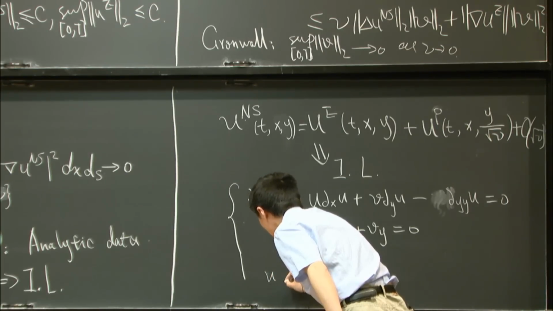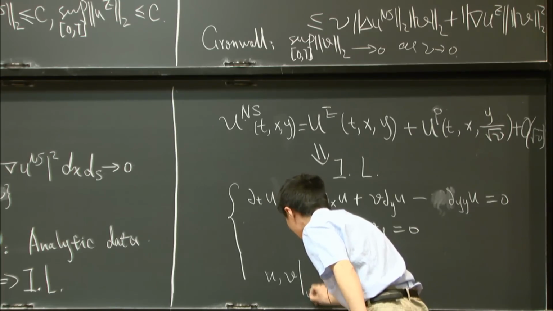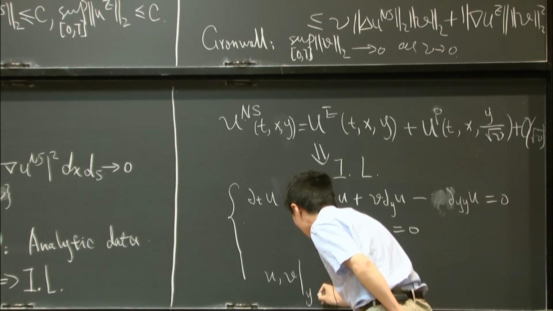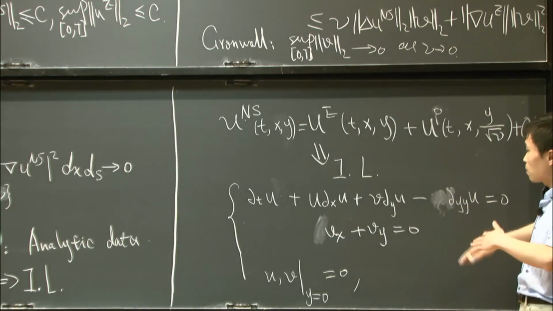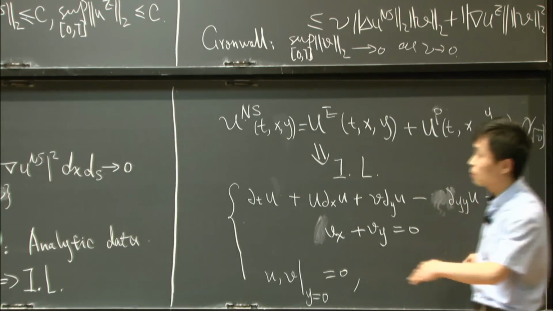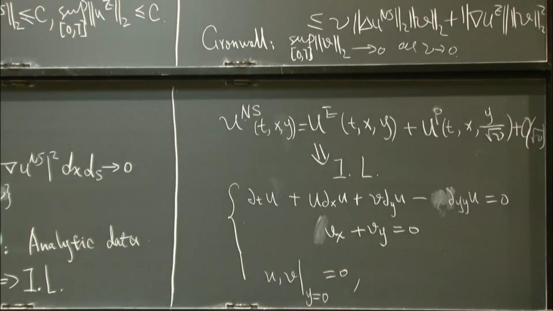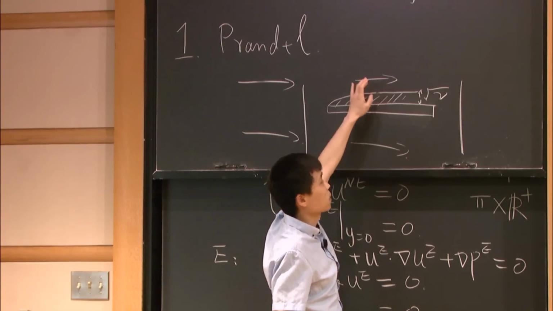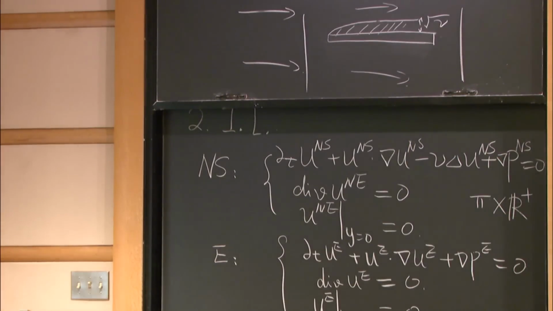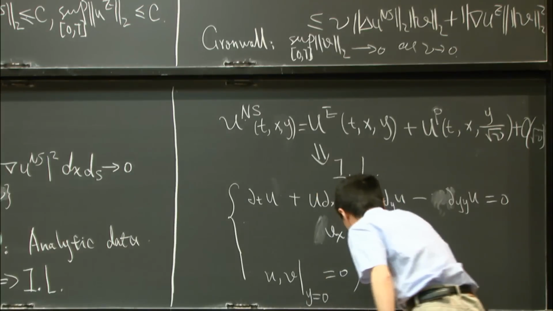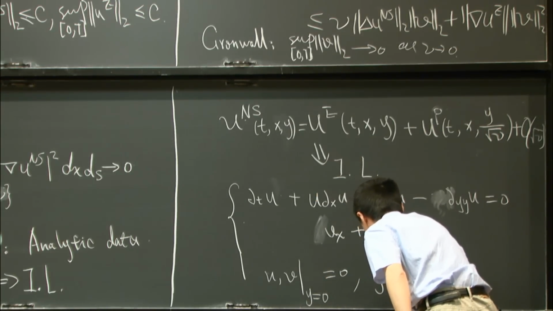And you can put no slip boundary condition at y equal to 0. They are 0, but there's a matching boundary condition here, right? So where this Prandtl equation meets this Euler equation. So that's the boundary condition given by this limit as y goes to positive infinity.